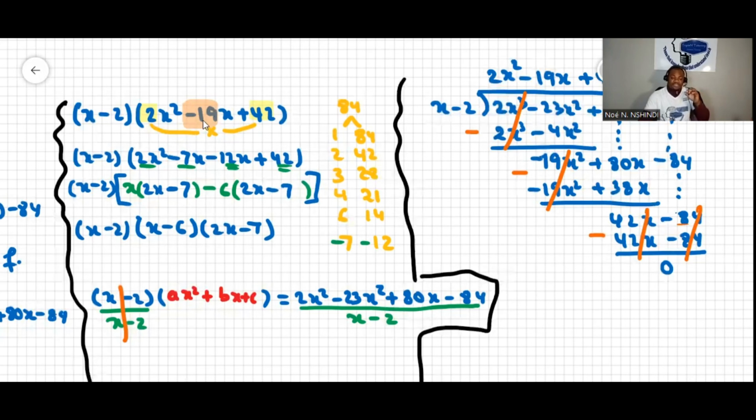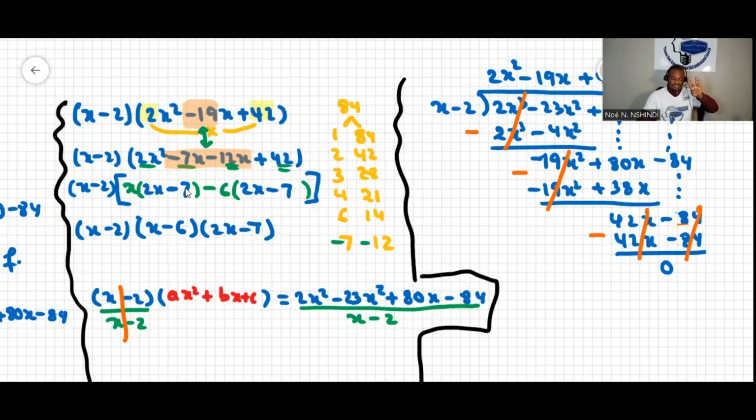Now we can split the trinomial into 4 terms, okay? Still knowing that negative 7x minus 12x makes negative 19x. Now that there are 4 terms, we can easily factorize by grouping the first 2 and the last 2.